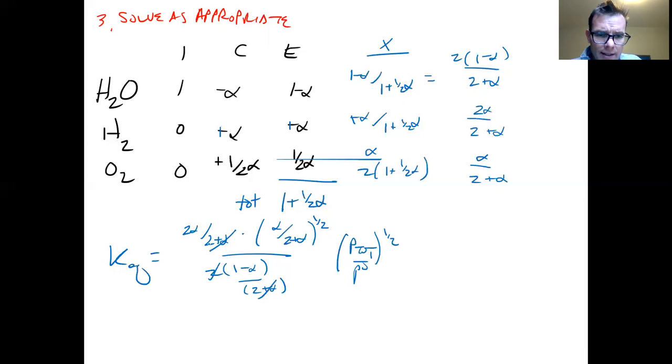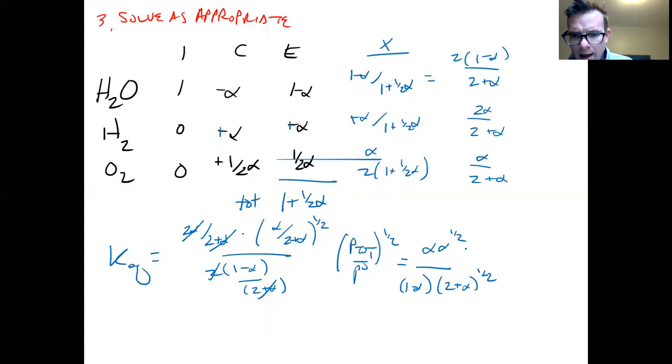Cancel, cancel, cancel. If I do all of this right, at the end of the day what I'm going to get is alpha to the 1/2 over 1 minus alpha times 2 plus alpha to the 1/2. Again, I'm just going to plug this in because it's going to go away in a second. Actually, I think this was 1 atm, so it's actually 1.01 bar, all raised to the 1/2 power.